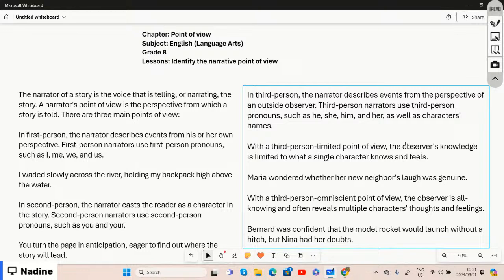So you're just going to have to be careful whenever you write or read something, a story specifically, and then identify whether the person is speaking in the first person voice, which is basically describing the events from his own perspective. To see if it's using the first person, they use words like I, me, we, and us.